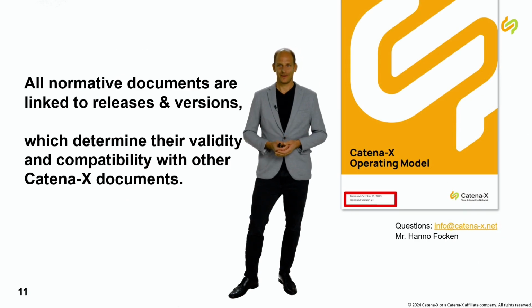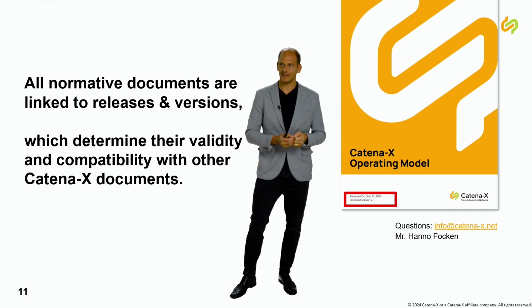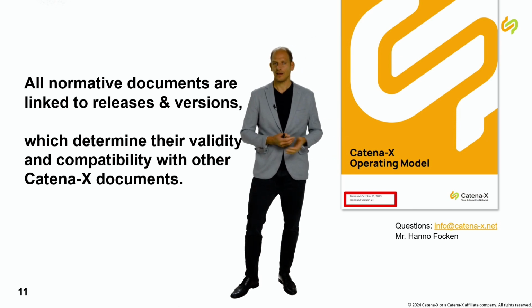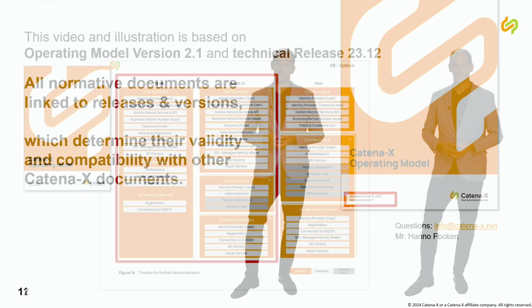All normative documents are linked to releases and versions which determine their validity and compatibility with other Catena-X documents. To make sure that you find the right documents, it's always marked on our documents, here you can see in the red box.